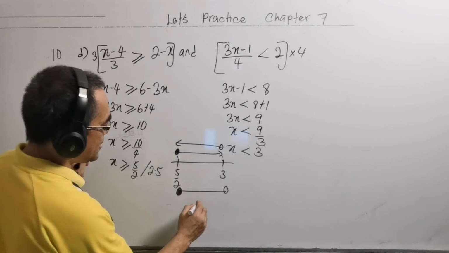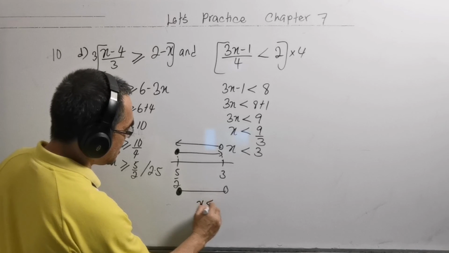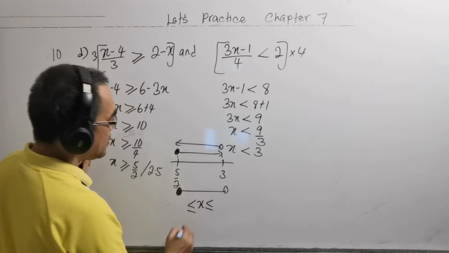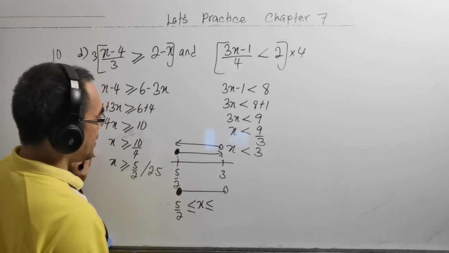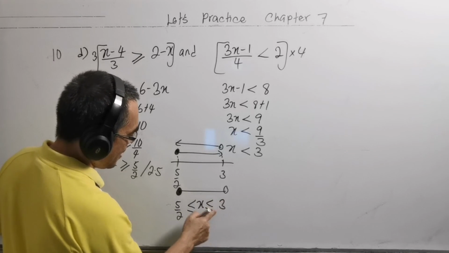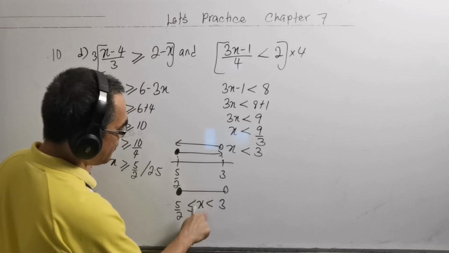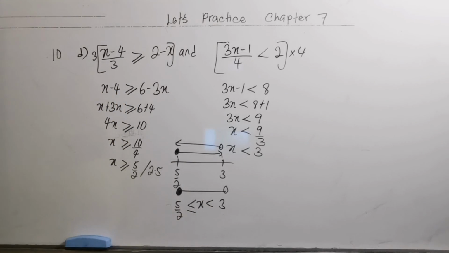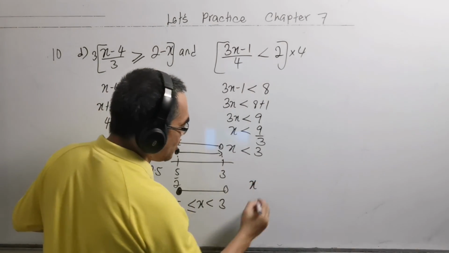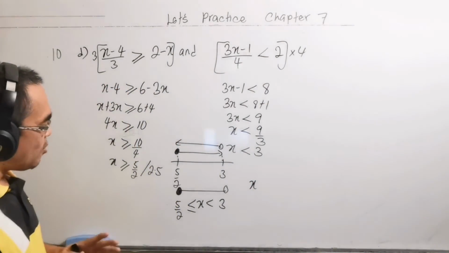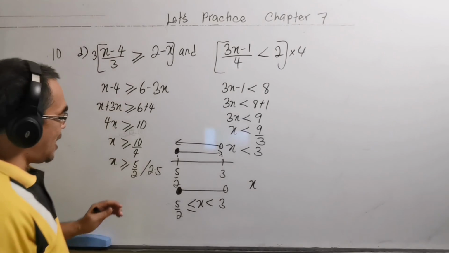So we say the values of x is between 2.5 or 5 over 2 and 3. But for 3 we do not have the equal. It could be possible that they will tell you that they want the value of x if x are integers.